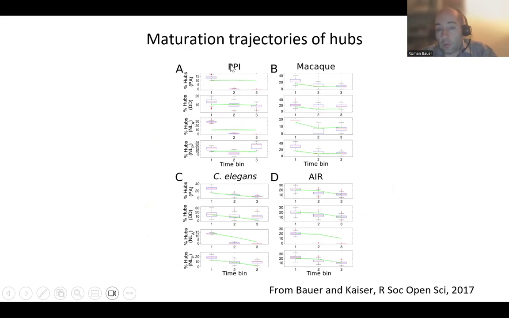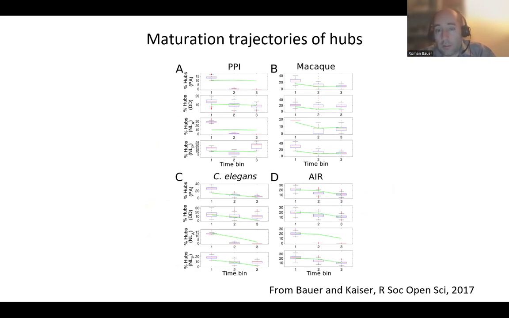Now, importantly, we also looked into the maturation trajectory of the hubs. So one can, of course, look at the final network only, right? One can look at certain types of features of the final network connectivity.